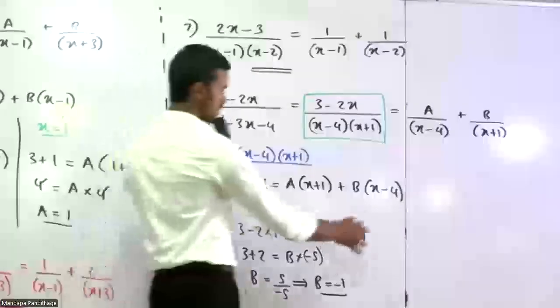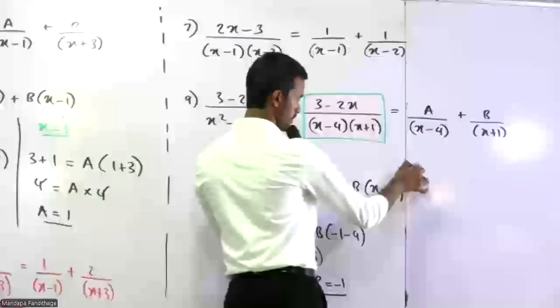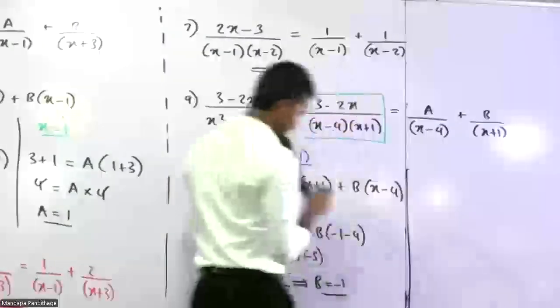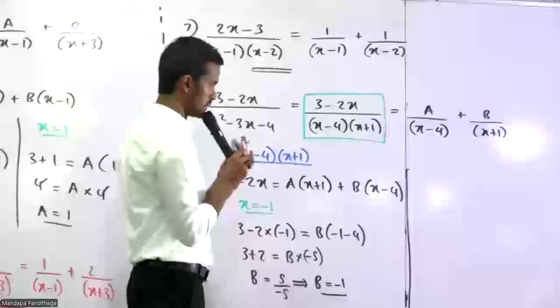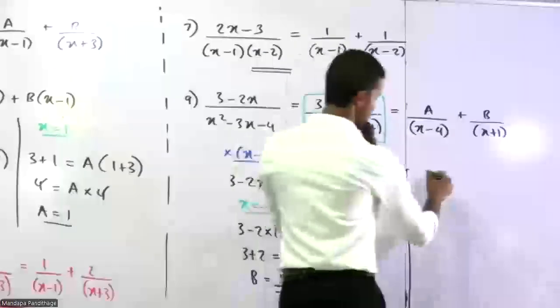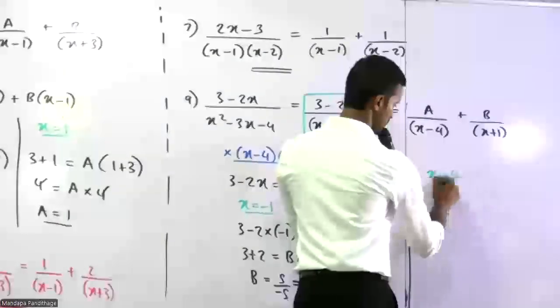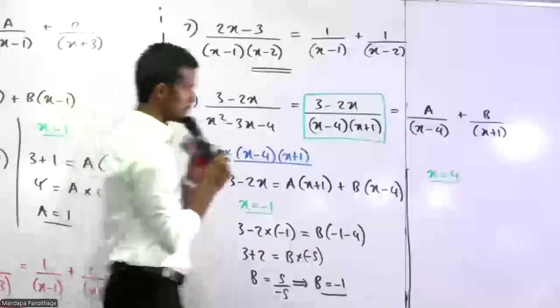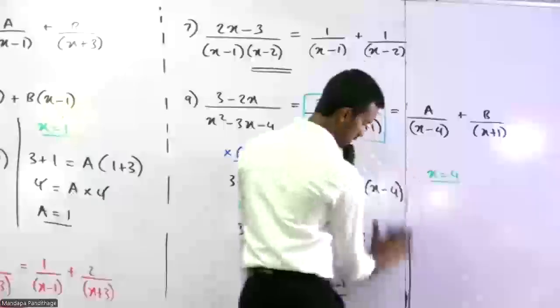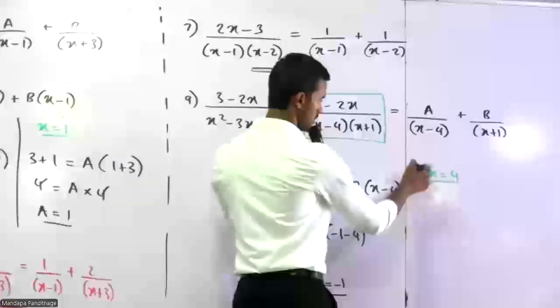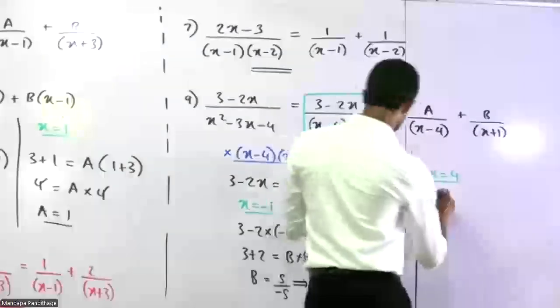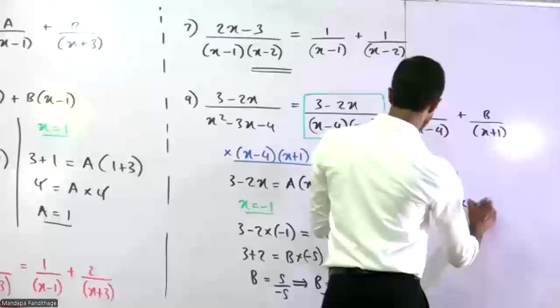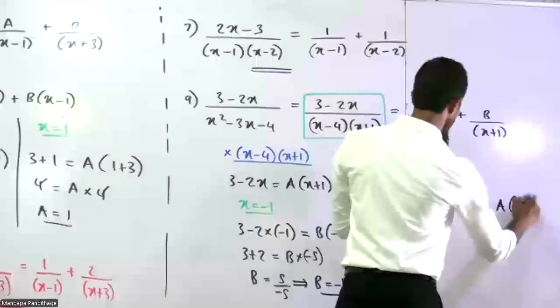Okay, next one, substitute x equals 4. So when x equals 4, 3 minus 2 into 4 is equal to a times 4 plus 1.